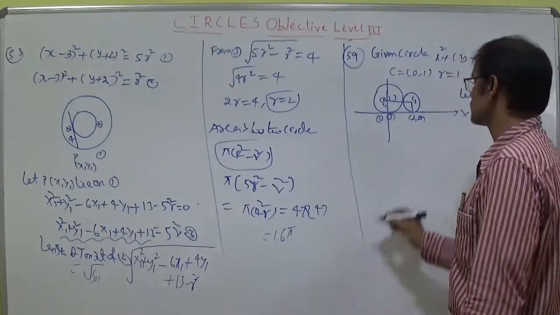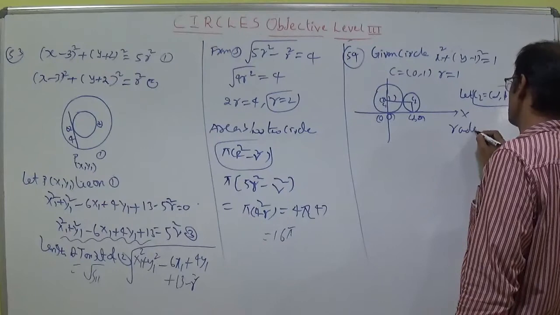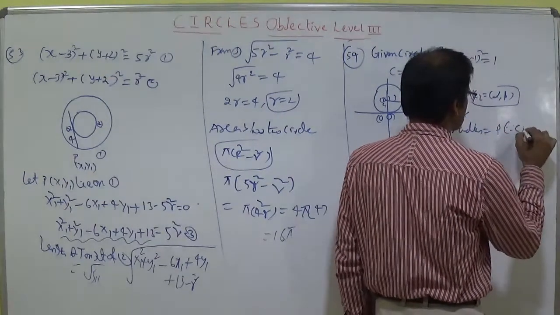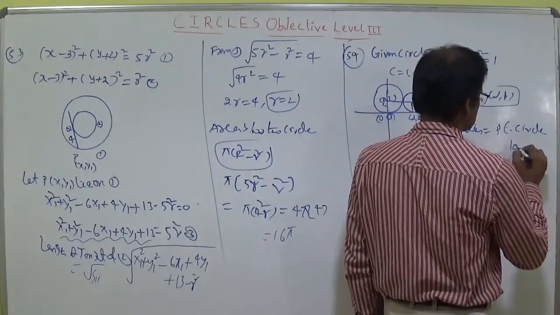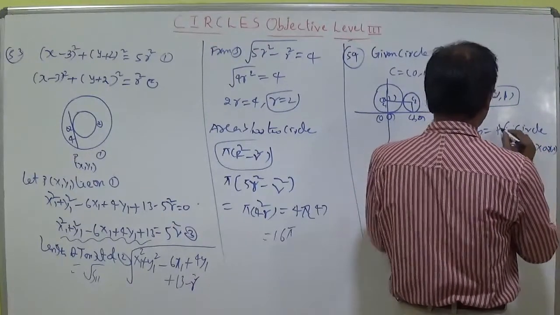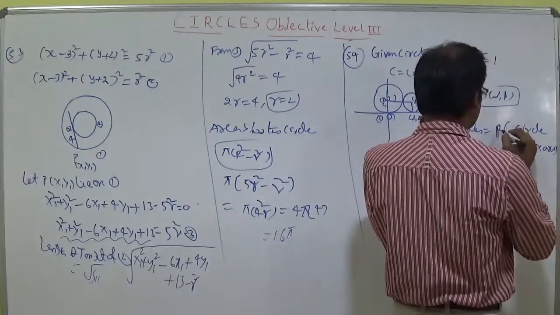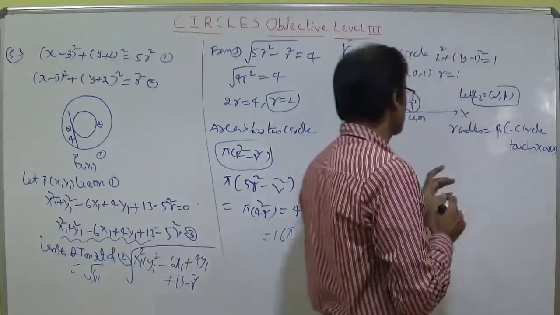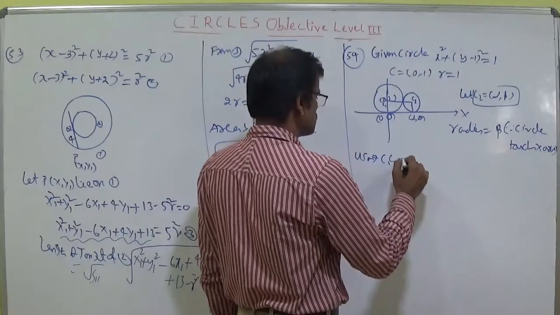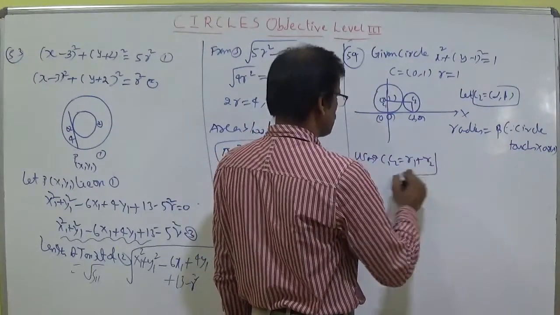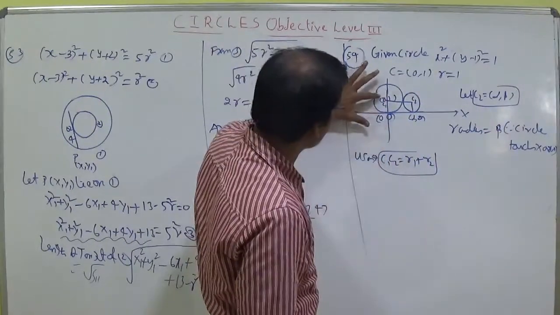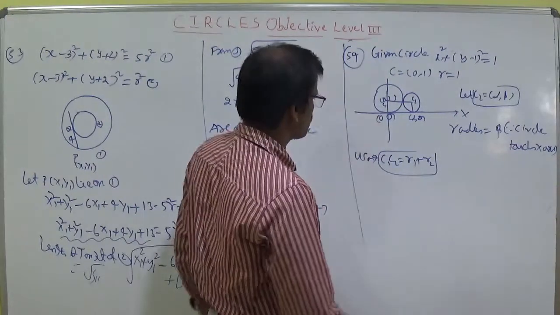Whenever the circle touches the x-axis, the radius is equal to beta, since the circle touches the x-axis. Whenever a circle is touching the x-axis, the y coordinate is the radius. Plenty of times we discussed it. So the radius is beta here. Now using C1C2 is equal to R1 plus R2. C2 is (alpha, beta) and C1 is (0, 1).